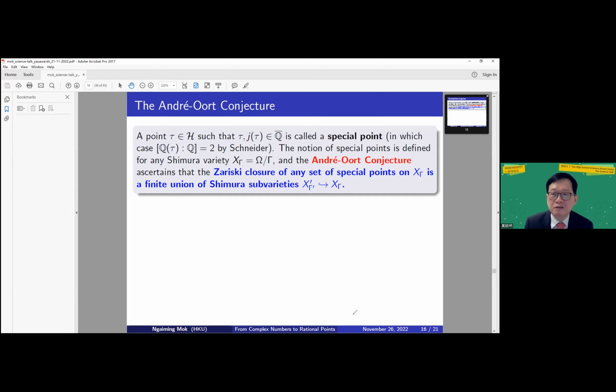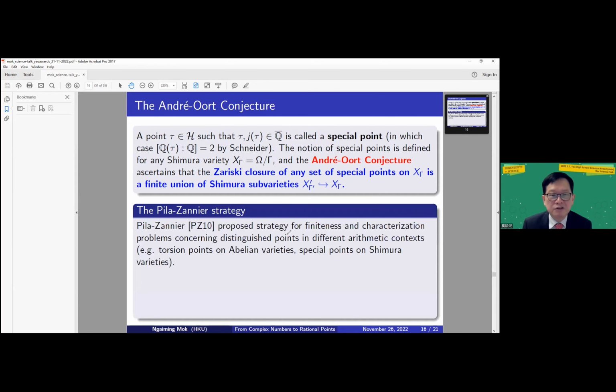In one dimension, this is just a complex plane, but you take some quotient, omega mod gamma. Normally, these are so-called hyperbolic if you take gamma to be torsion-free. And the conjecture is that if you take just an infinite set and take the smallest algebraic set containing them, then this set is also omega prime mod gamma prime.